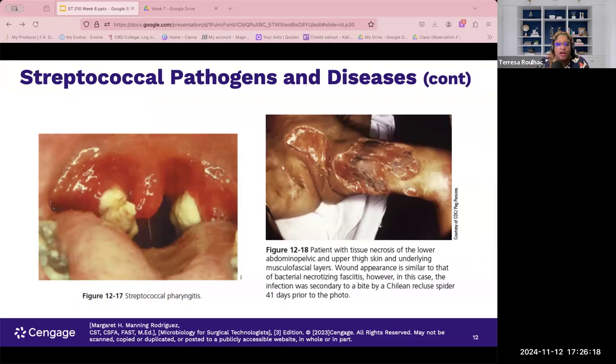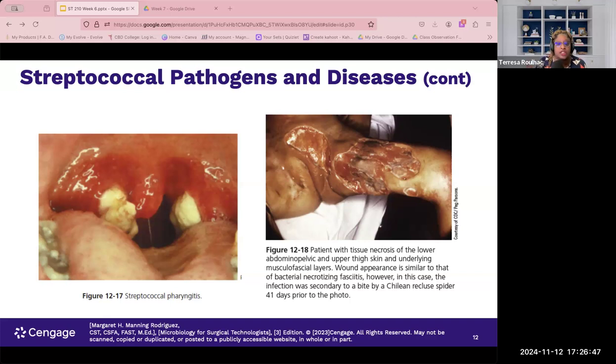We get streptococcal pharyngitis, the leading bacterial cause of strep throat in adults and children. Symptoms: severe throat pain, fever, difficulty swallowing, inflamed tonsils, and visible white pus patches or tonsil stones can be present as well. And these could be either or. They kind of look to me like tonsil stones, but they're definitely patches, right?